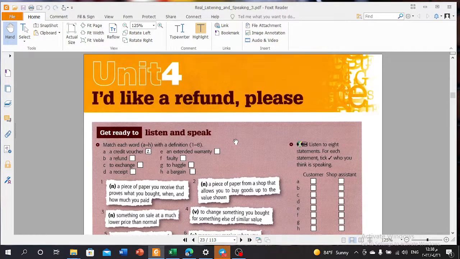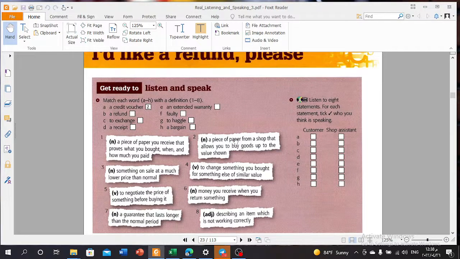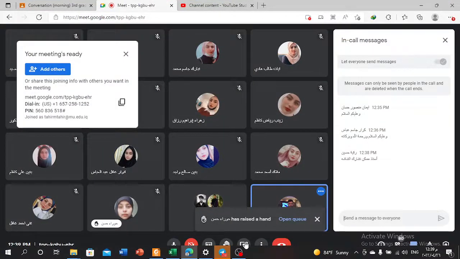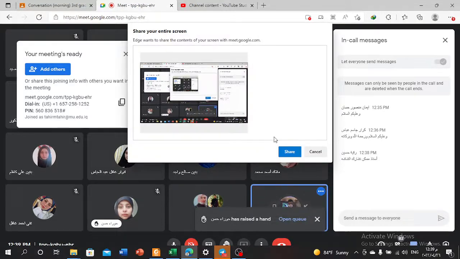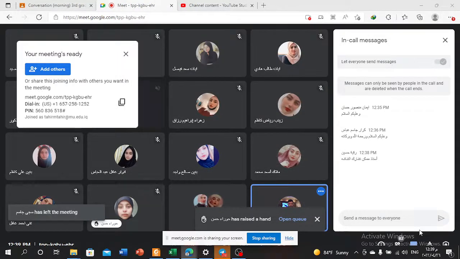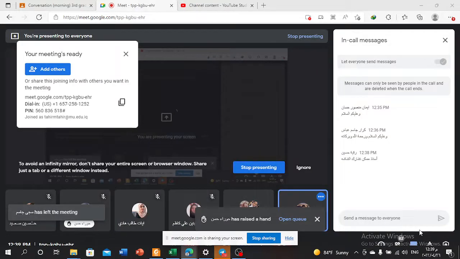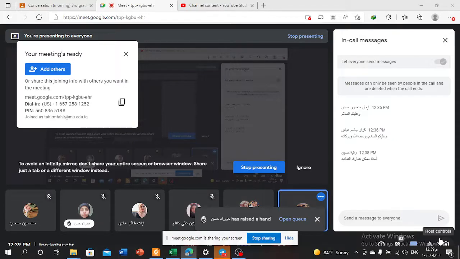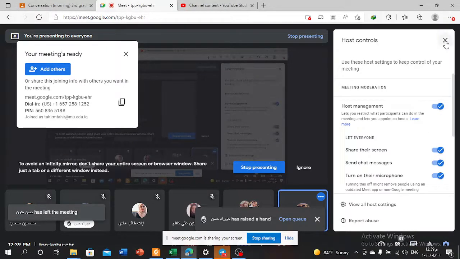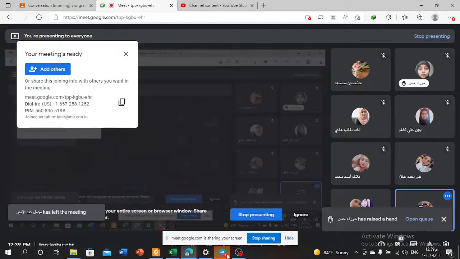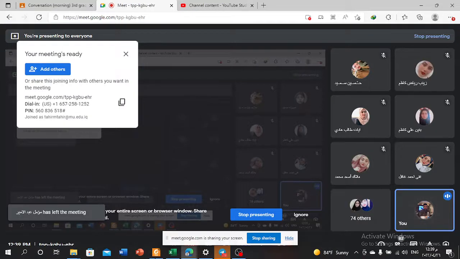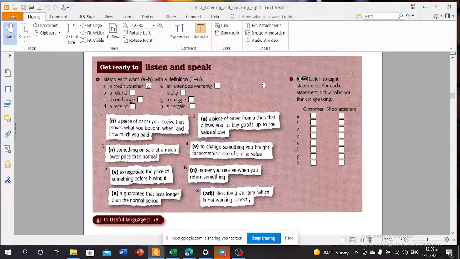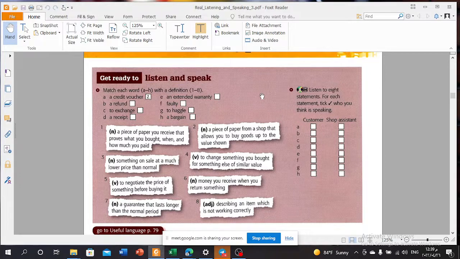While in chapter 4, we began the chapter with the get ready to section, in which some expressions are defined.